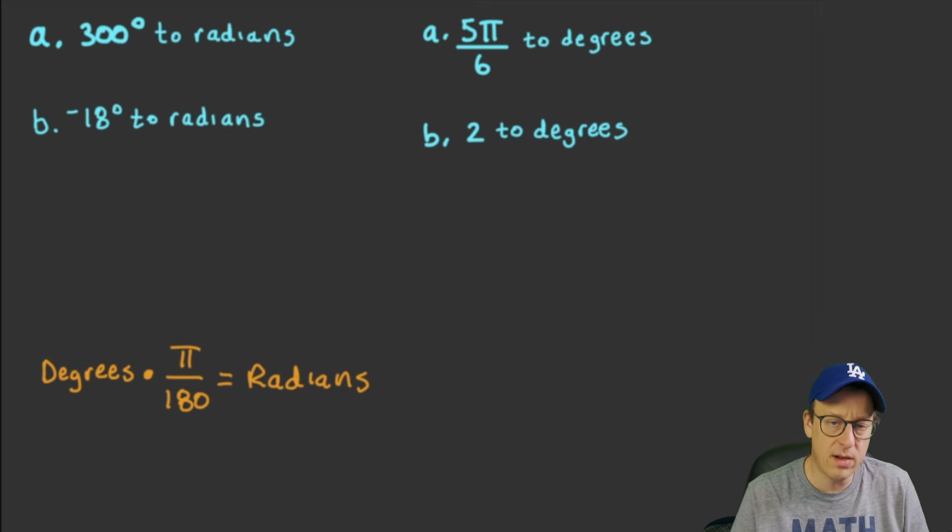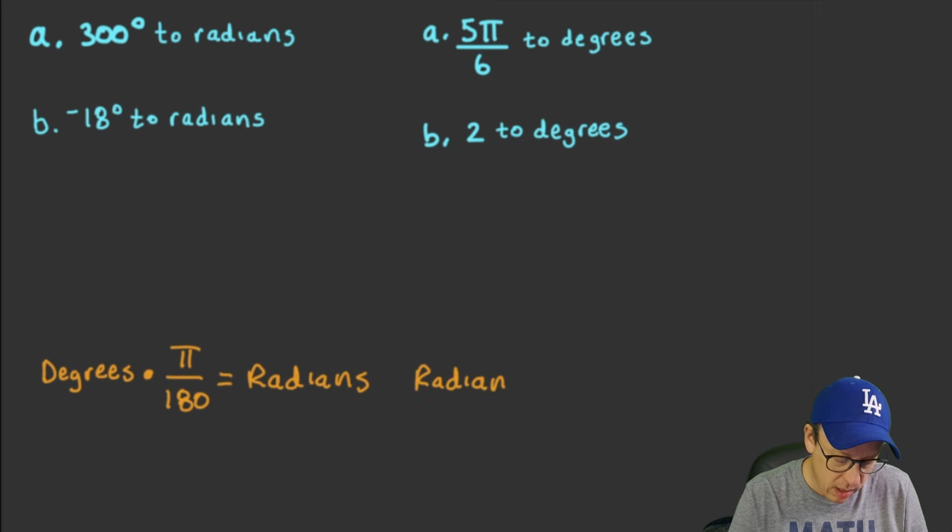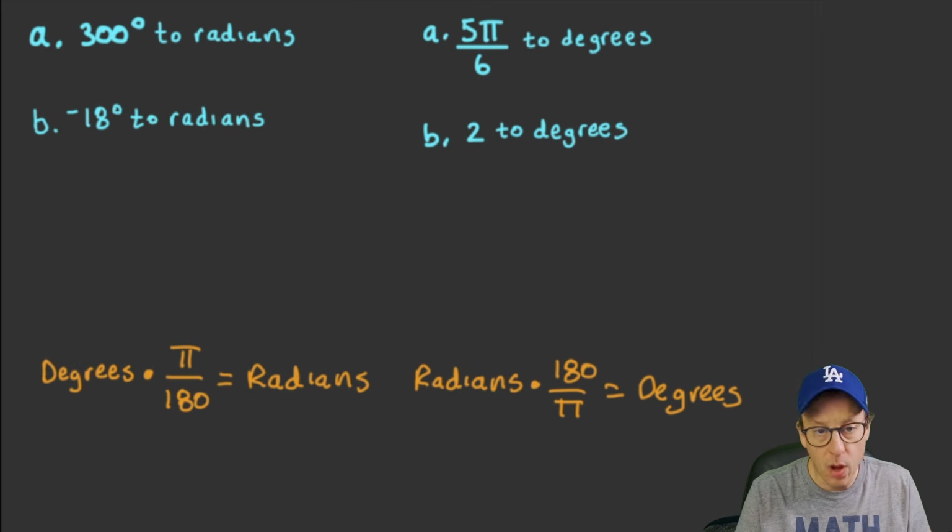Well, I'll cover that now. And if you have radians and you want to convert those into degrees, you just multiply that times 180 over pi, and that gives you degrees. So there that is. All right.